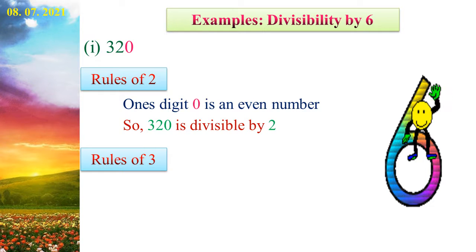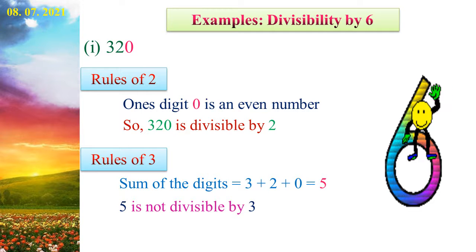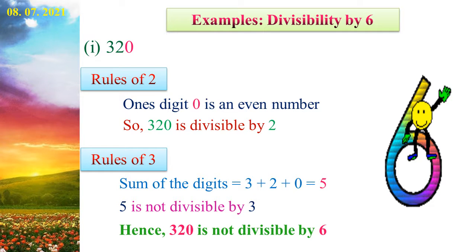The number 320 is not divisible by 3 because when we add all the digits, that is 3 plus 2 plus 0, we get the sum as 5. We know that 5 is not divisible by 3. Here the number 320 is divisible by 2 but not divisible by 3. Hence 320 is not divisible by 6.